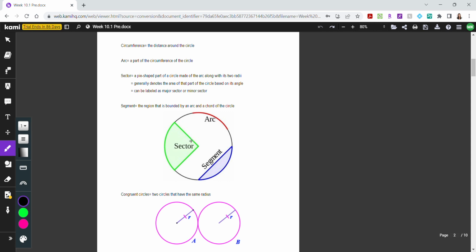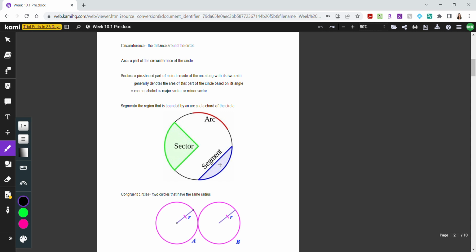All right, and now sectors can be labeled as a major sector or a minor sector. A major sector is the bigger part of the circle. For example, this is what we call the minor sector because it's smaller. And then this entire part that's not labeled as a sector is what we call the major sector because it has the bigger angle between this and this. All right.